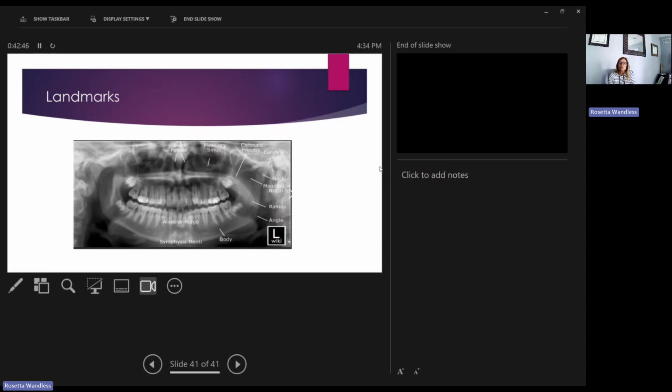So that's going to show as radiopaque, that grayish or white area. The ramus is the mandible, the angle, the body of the maxilla, the mandibular arch, the alveolar ridge. Again, this is just giving us some additional landmarks that we may not have covered.